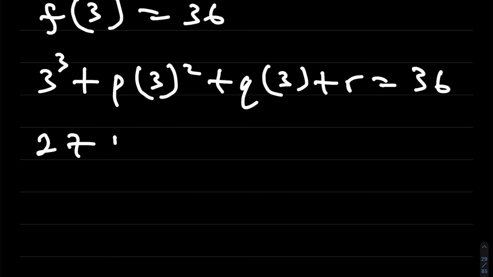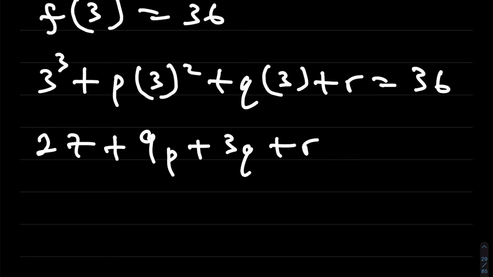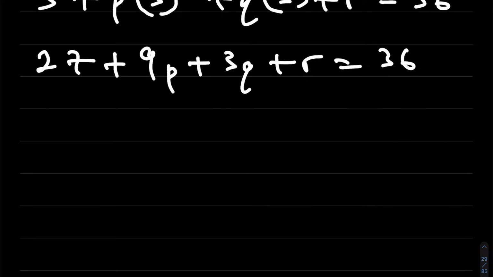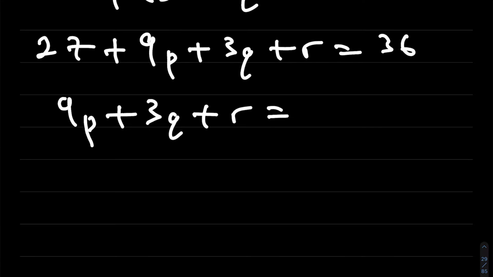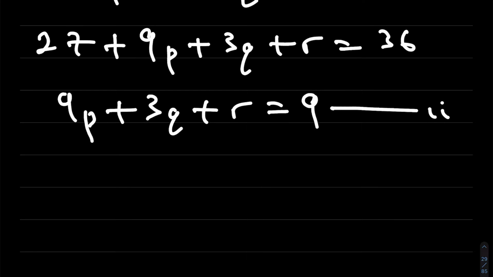That means 27 plus 9p plus 3q plus r equals 36, which means 9p plus 3q plus r equals, when 27 goes to the right hand side, it becomes minus 27, and that will be 36 minus 27, which is 9. Let's make this equation 3.